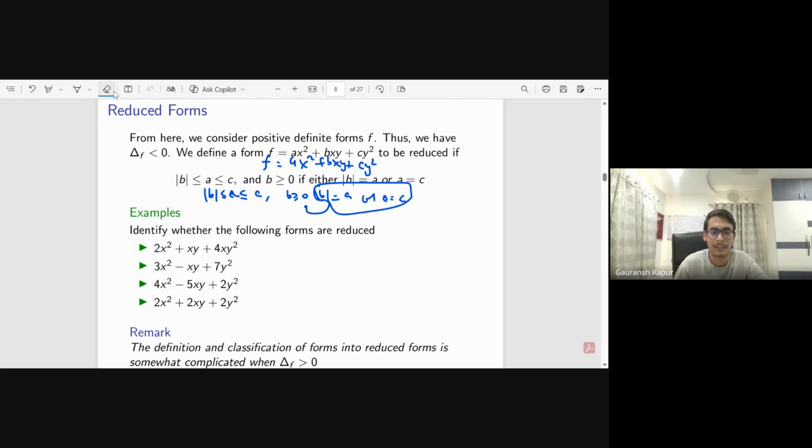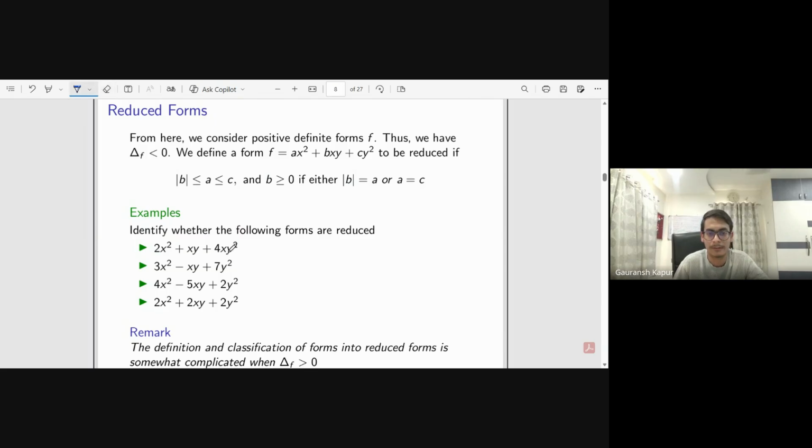So here are some examples. What about this form, 2x² + xy + 4y²? Here a is equal to 2, b is equal to 1, and c is equal to 4. So clearly |b| ≤ a ≤ c, so this is reduced. What about this? Here a is 3, b is −1, c is 7.